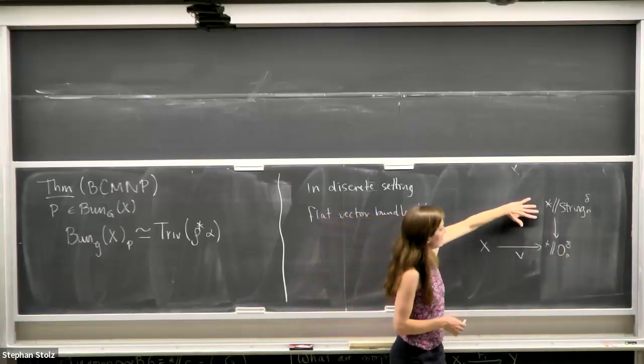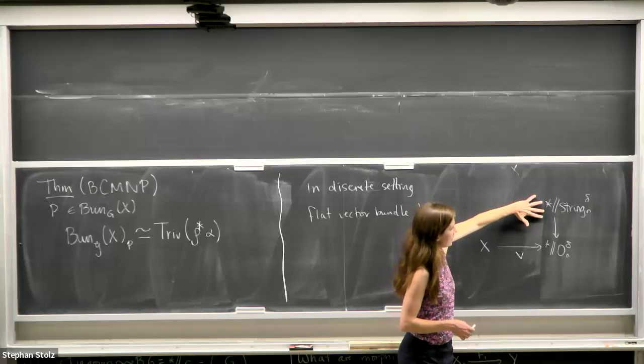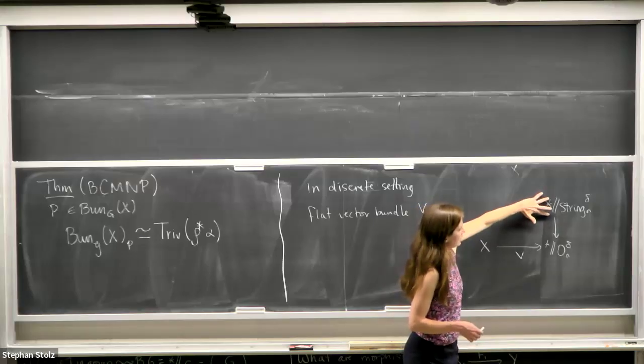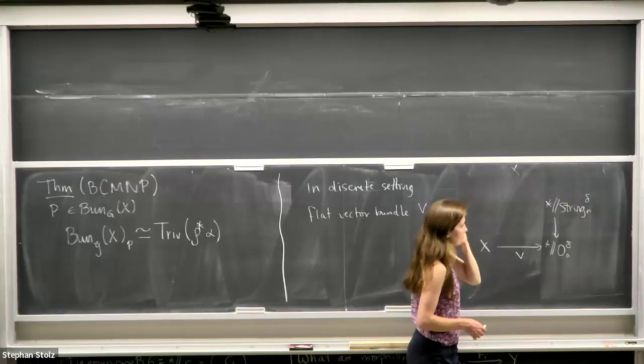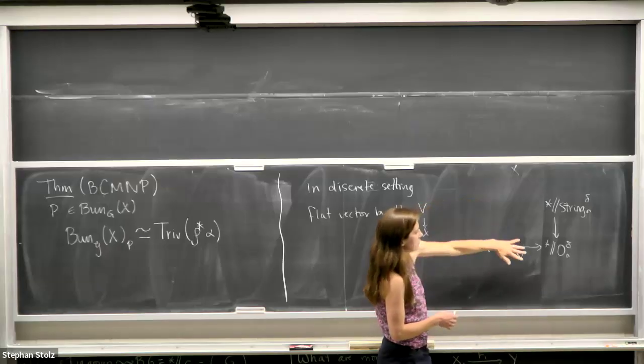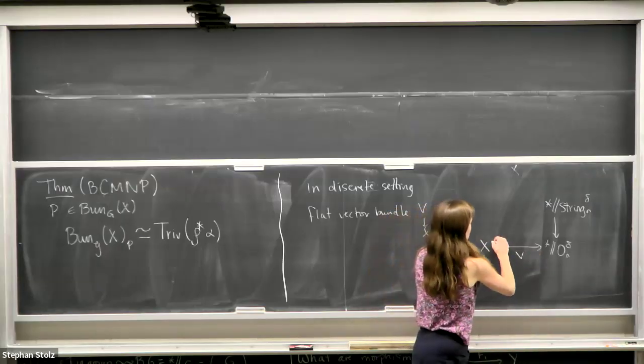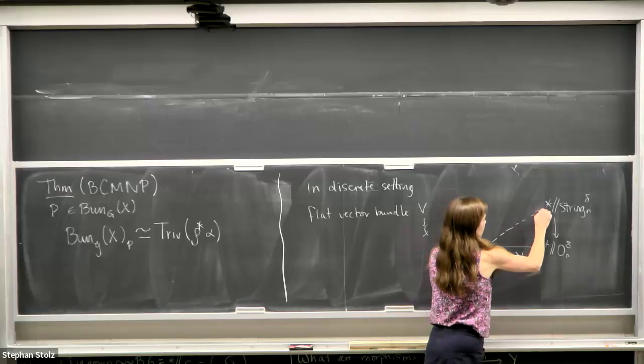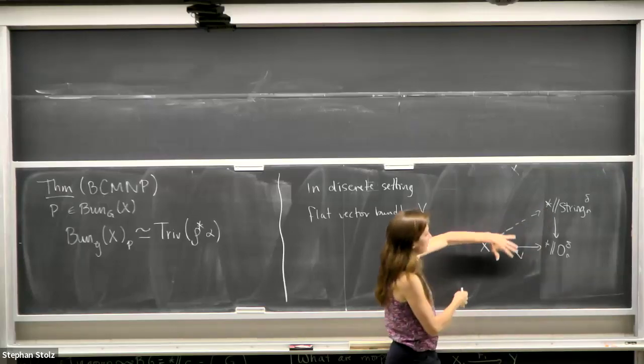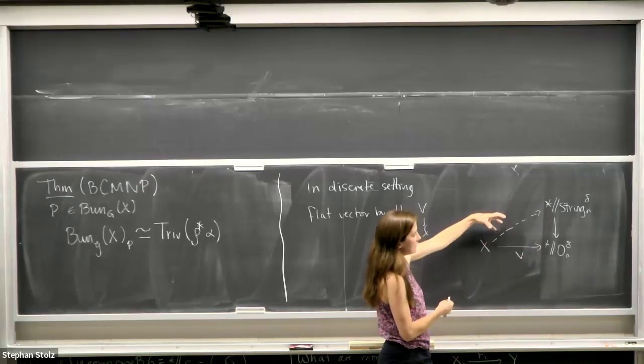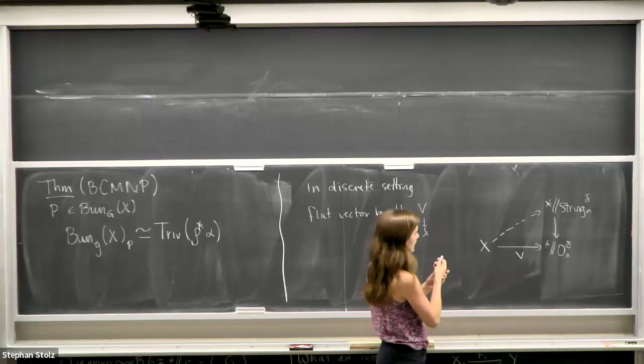But you have this flat string structure, the discrete version of the string group living over the discrete version of O(N), and you could describe flat string structures as lifts. These would be like bibundles, but in this lift there's also higher categorical data.